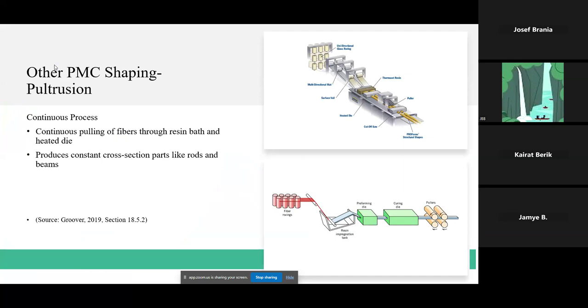Other PMC shaping: pultrusion. It's a continuous process, continuous pulling of fibers through a resin bath and heated die. It produces constant cross-section parts like rods and beams.